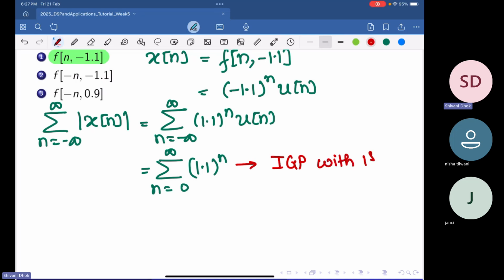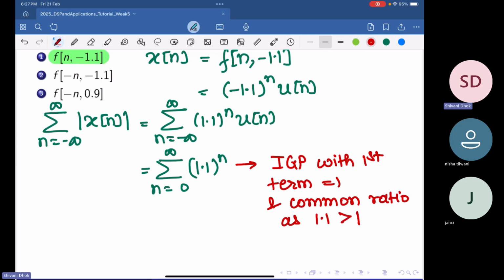Now if we observe, this is an infinite geometric progression, or IGP, with first term 1 and common ratio 1.1, which is greater than 1.